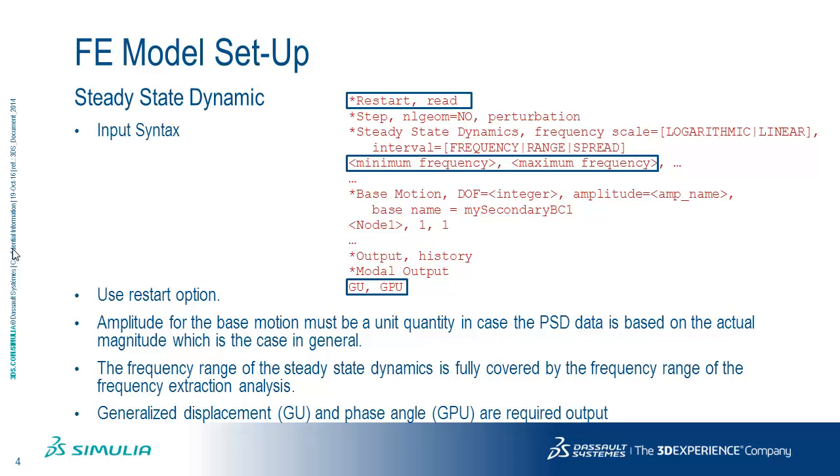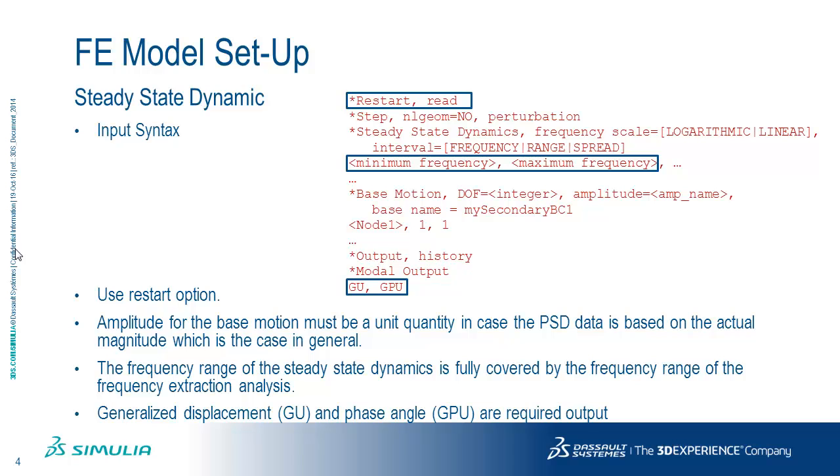And for the second input, you will do the steady state dynamic analysis based on those already extracted modal stresses. Then this one will extract the generalized displacement, or in other words, the modal participation factor.